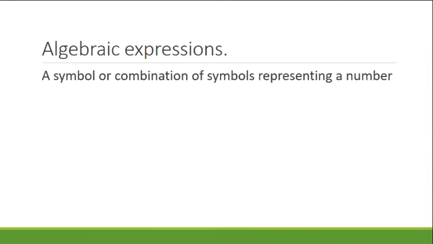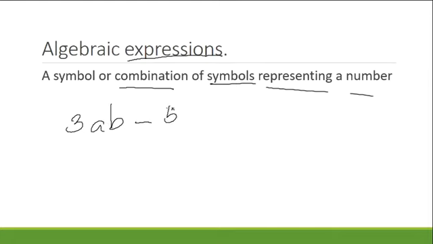Algebraic expression. A symbol or combination of symbols representing numbers. So an algebraic expression is a combination of symbols representing numbers. Say for example, we have an expression here, 3ab minus 5c squared over a plus the square root of d.